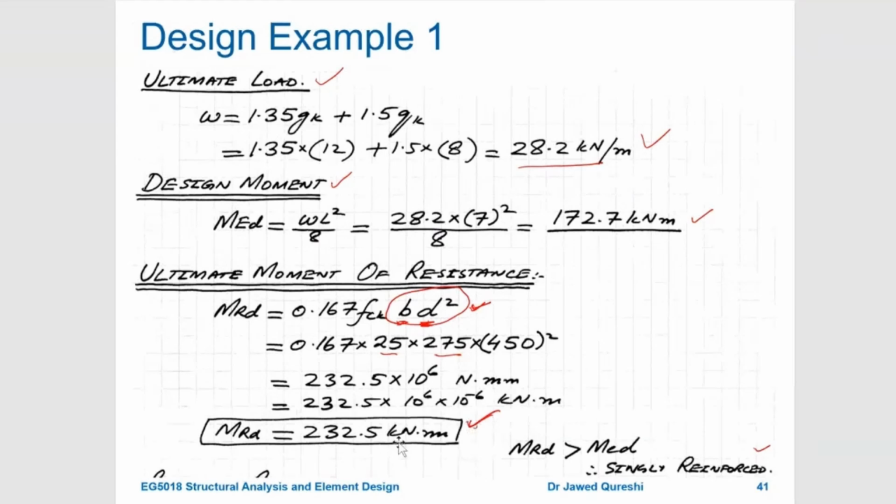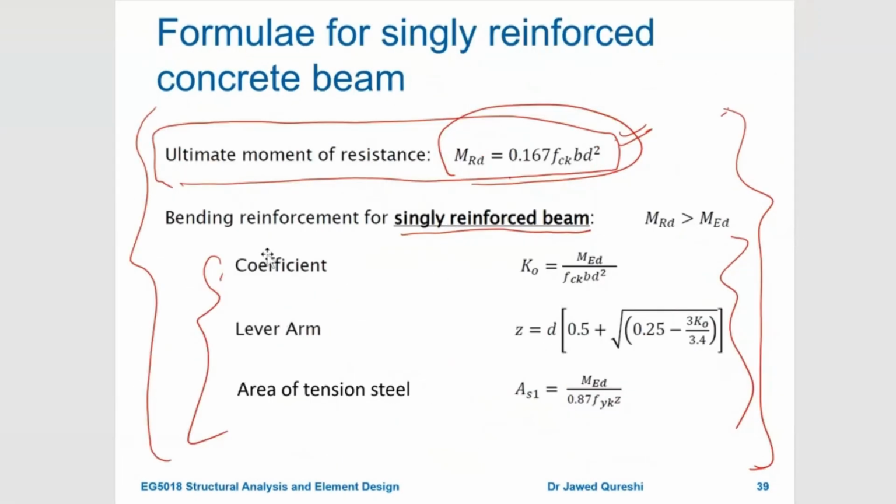And then the next process is, once you establish whether a beam can be designed as singly or doubly reinforced, you can find out the area of tension and compression steel. But here, because we just have a singly reinforced concrete beam, we will find out the area of tension steel only, because that is the main purpose of a singly reinforced beam, that we just have tension bars.